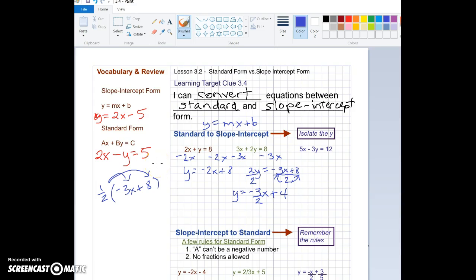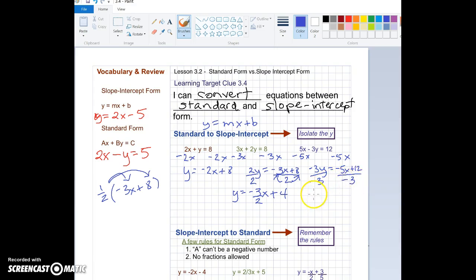Next one, you do on your own. What'd you come up with? Well, you should have subtracted 5x from both sides. And you would have ended up with negative 3y equals negative 5x plus 12. All right? Divide by negative 3.